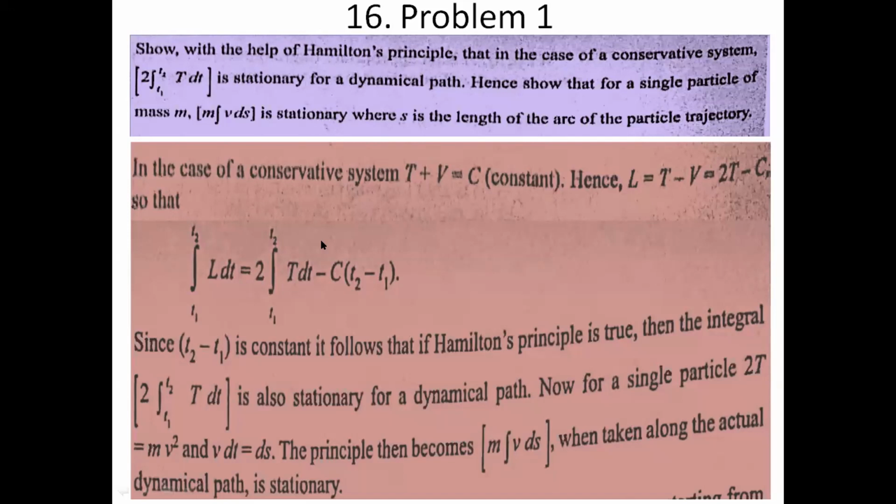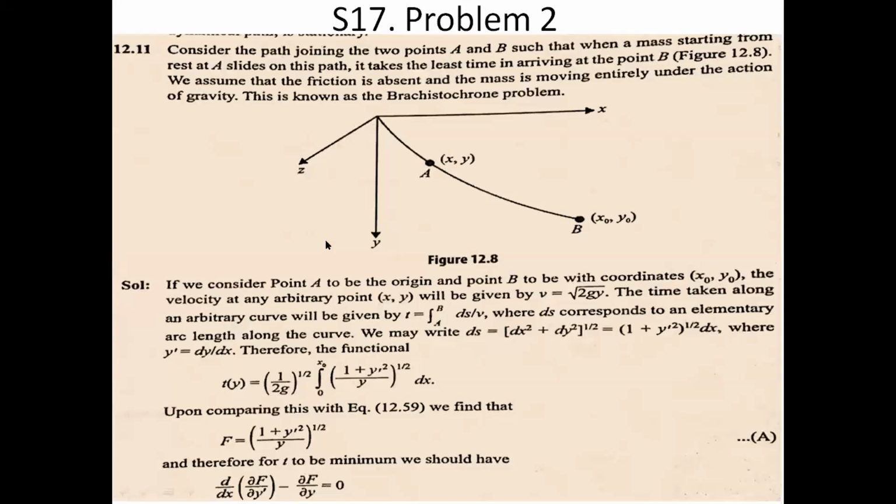We now go, because this is too trivial, to slide number 17. This is a very famous problem called the Brachistochrone problem. Consider the path joining two points, A and B, such that a mass starting from A slides on this path and takes the least time in arriving at point B. It has to, because I already have stated nature is economical.